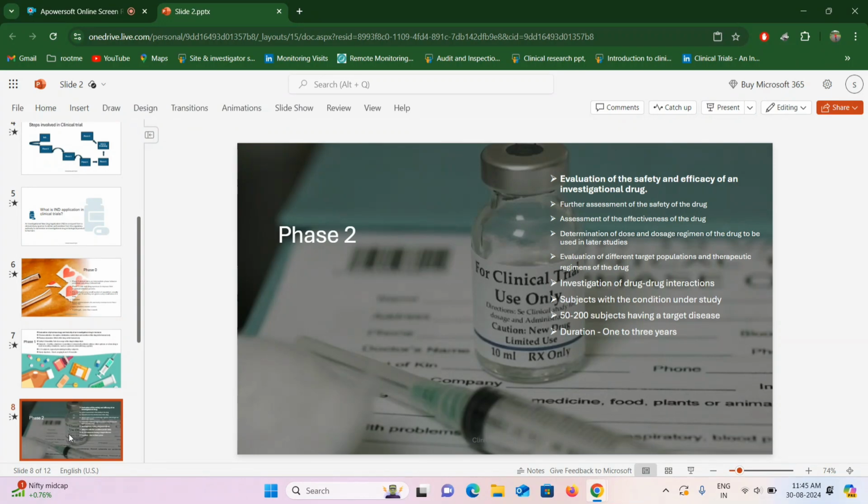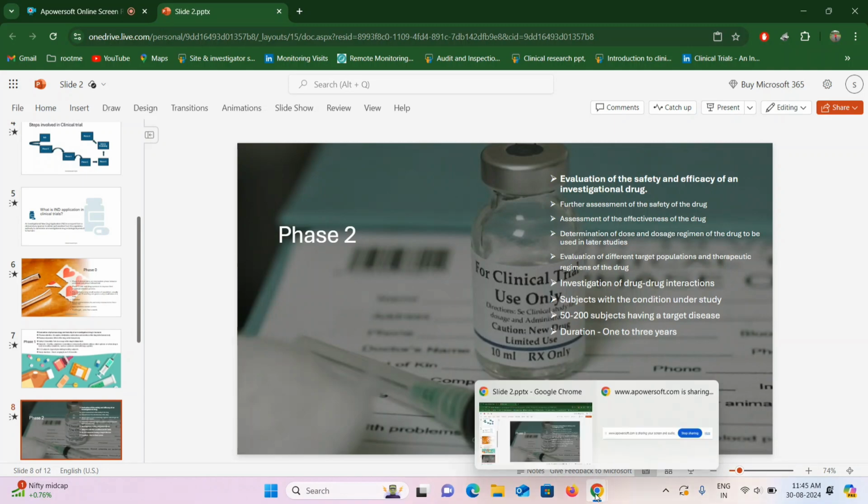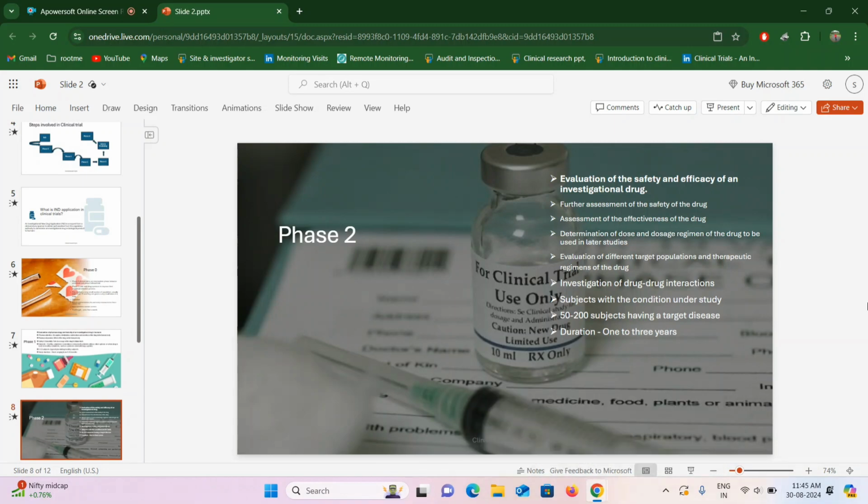This phase 2 study involves several hundred participants who are living with the condition for which the new drug is being investigated. That is, the patients who have that particular condition will participate in the phase 2 clinical trial.